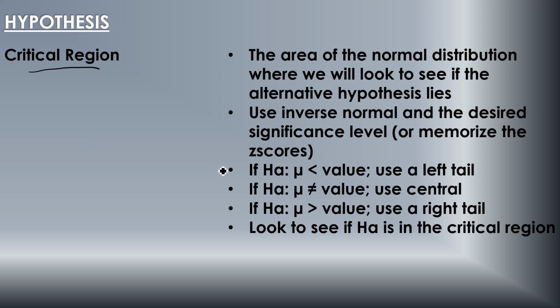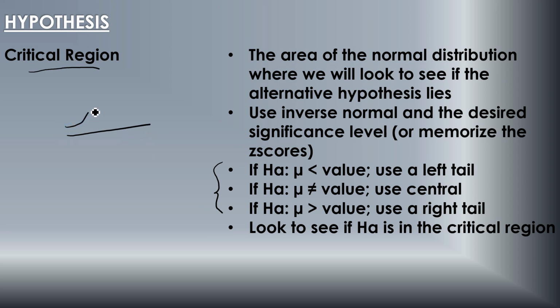So there are three possibilities when we're writing our alternative hypothesis. We could be saying that our mean is less than a certain value, not equal to a certain value, or greater than a certain value. If it's less than, we're going to use a left-hand tail test.